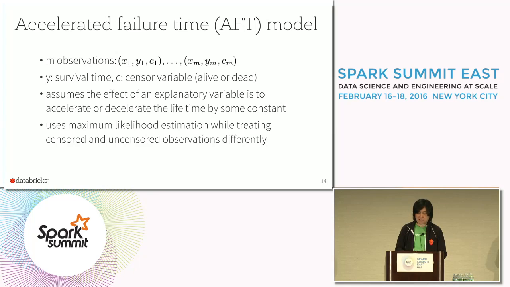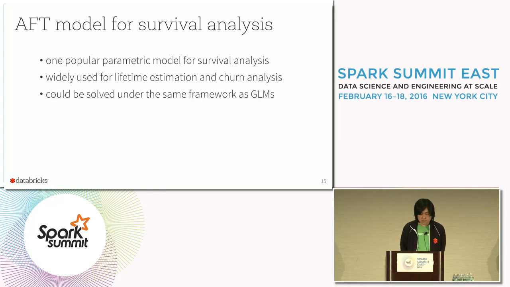We also use max likelihood to estimate this model, by treating the instances differently: whether it's censored or not, they have different likelihoods. This model is one of the most popular models for survival analysis, and it's a parametric model. There are also popular non-parametric models and parametric models. And this is definitely widely used for lifetime estimation.